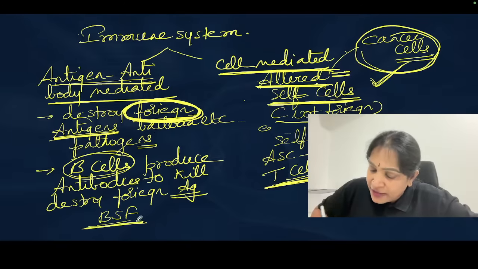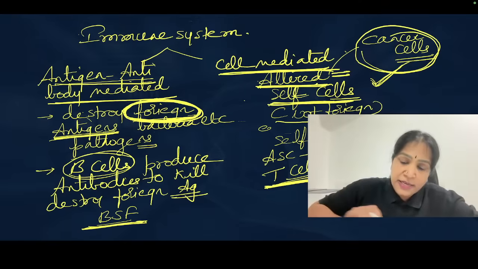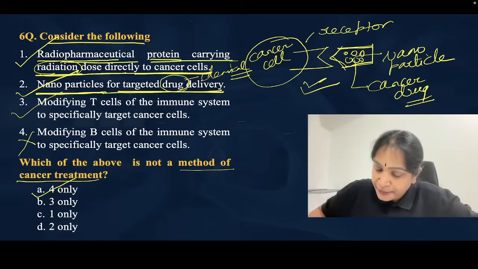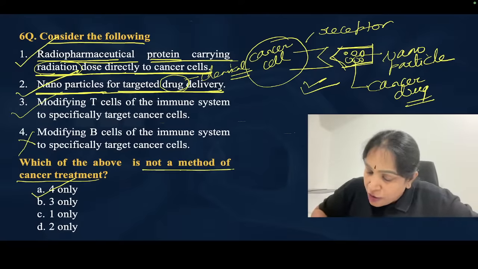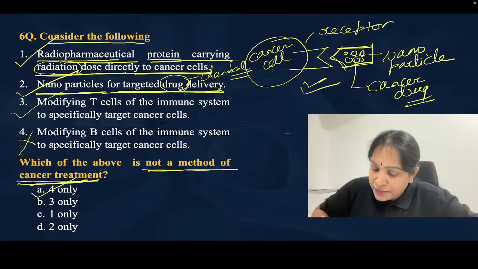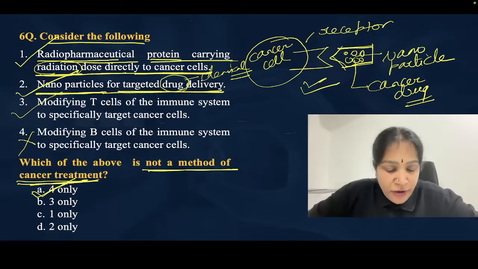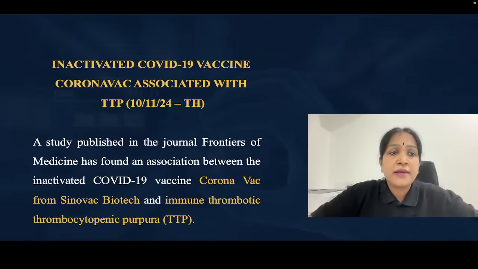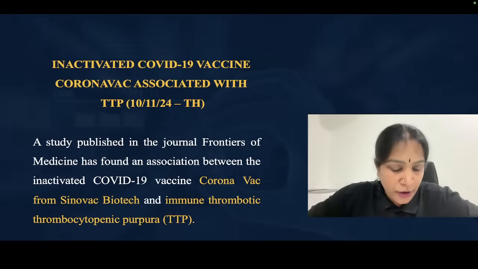B cells are our border security force. T cells are our internal security. So the fourth one is the wrong statement. Four is not a method of cancer treatment. Is it clear? Then moving on to the next topic.